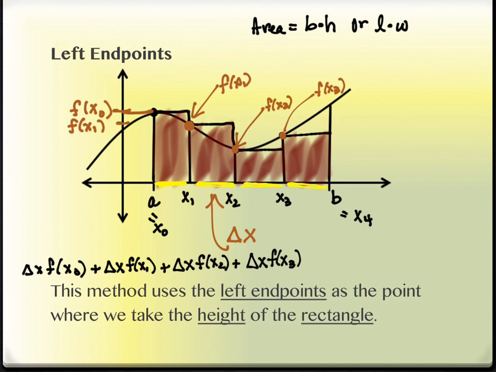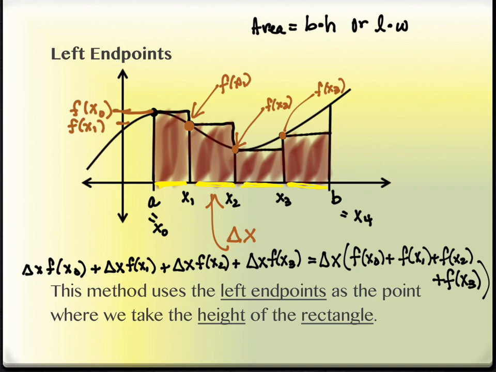So I can actually do something called factoring, like algebra factoring, where I pull the delta x out, and I'm really just adding f of x0 plus f of x1 plus f of x2 plus f of x3. So I don't need to do 4 multiplications. I need to do 1 addition of 4 terms, and then 1 multiplication.